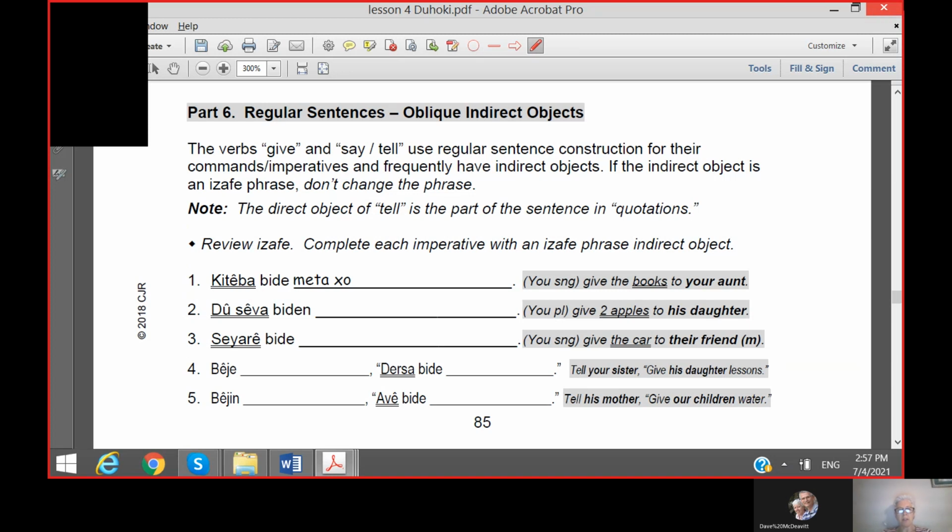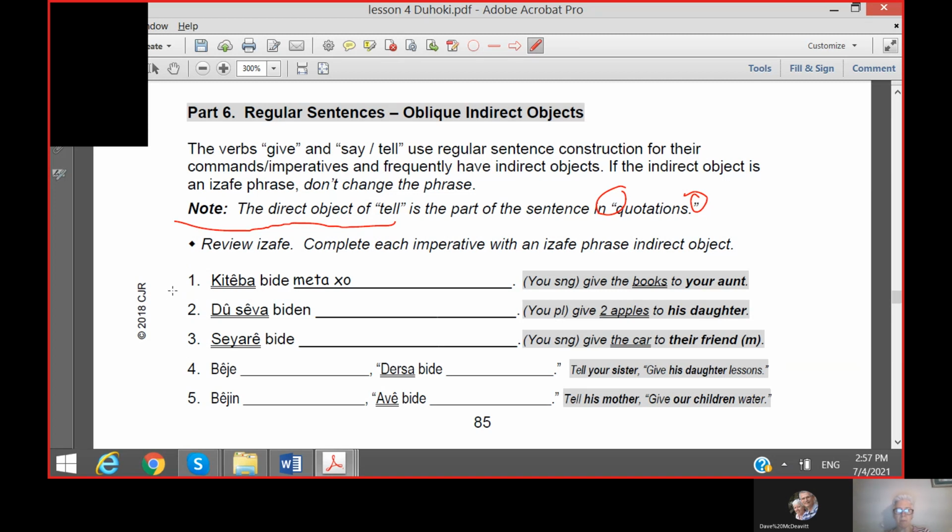These indirect objects are going to be in the oblique case. Note that the direct object of the verb to say or tell is the part of the sentence that's in quotations. Okay, we'll get to that down here on number 4, number 5.